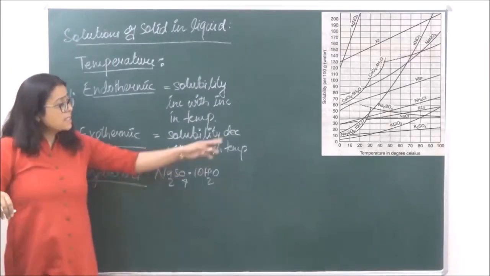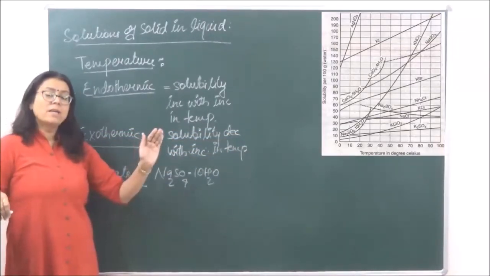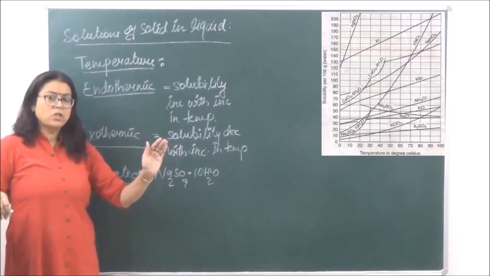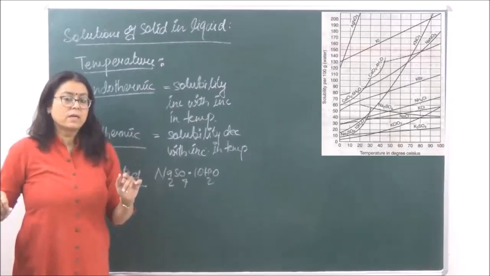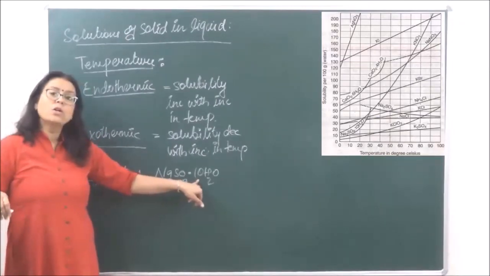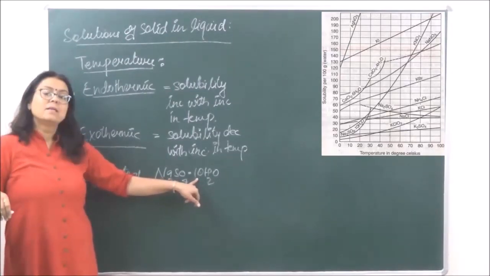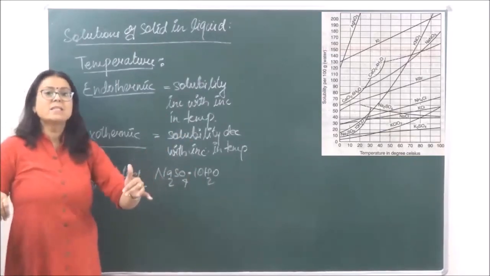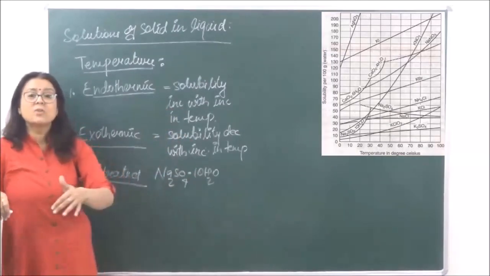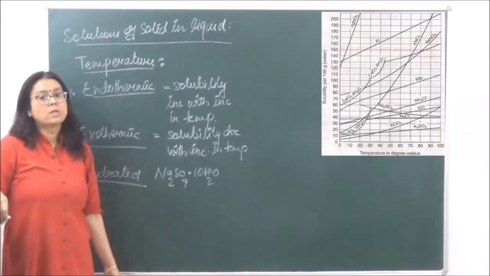For such cases, as you can see in the graph, initially the solubility increases with increase in temperature, which means that initially the process is endothermic till the entire water of crystallization is lost. Once these 10 waters of crystallization are lost, the solubility takes a dip. The solubility starts decreasing with increase in temperature as the process becomes exothermic.